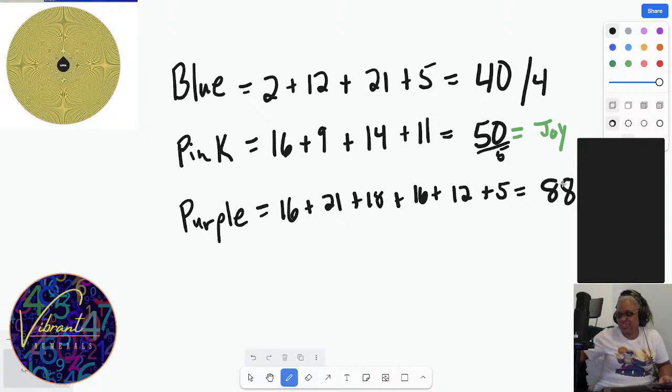Isn't that interesting right after the 8-8 portal? And so with these all together, we can add them up. If we said them in a string of numbers, or we were wearing all of them or describing something that's all of these colors, now that's 178.